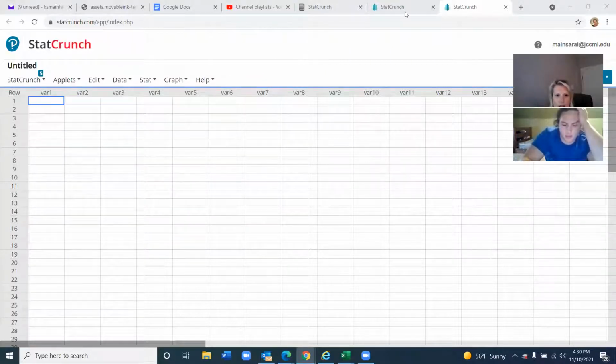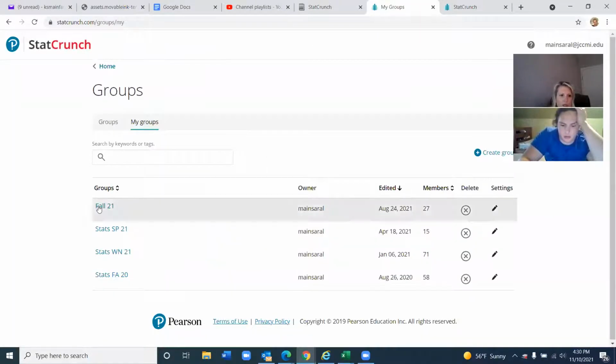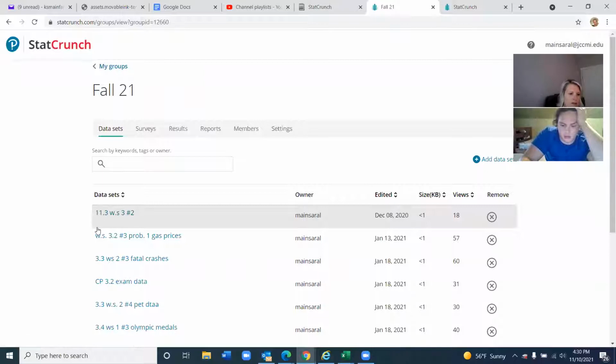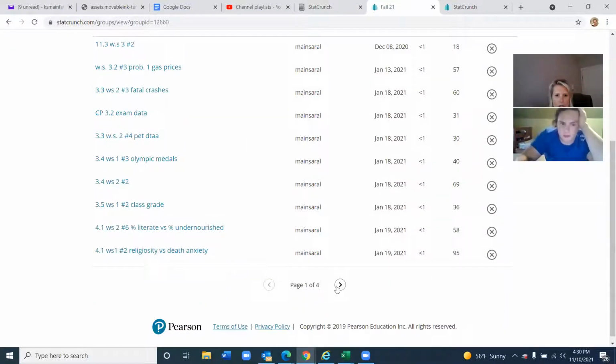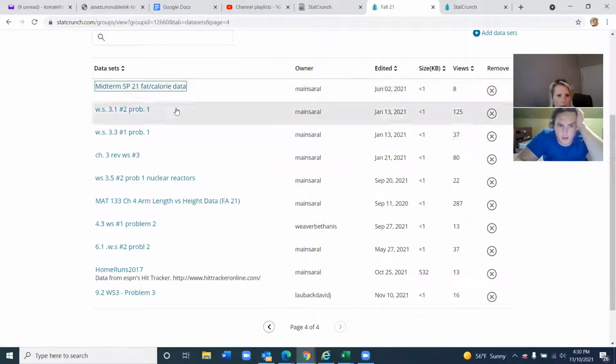So let me get up here. In Statcrunch, if you go to My Groups and to file 21, I think it's on page 4. Oh, nope, it got moved.